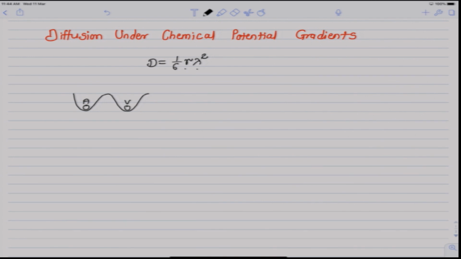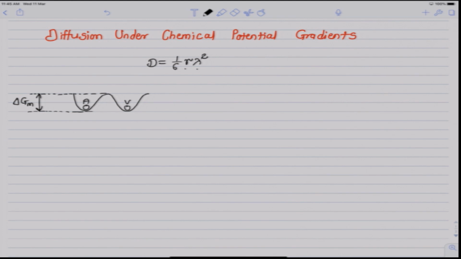But in order for this jump to occur, the atom has to cross this energy barrier, which is known as the activation energy for migration, delta Gm.